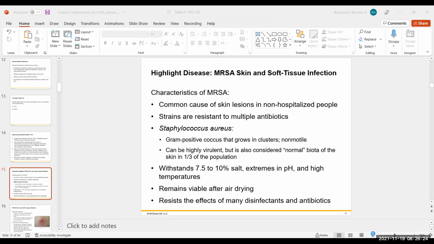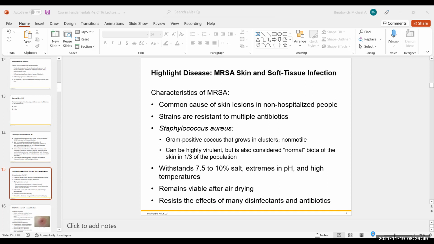All right, the last kind of soft tissue infection I want to look at is necrotizing fasciitis.